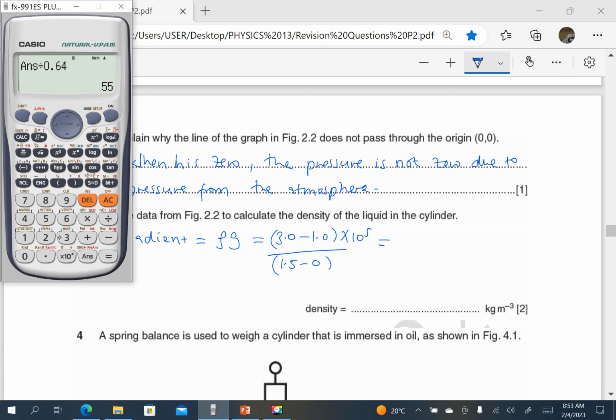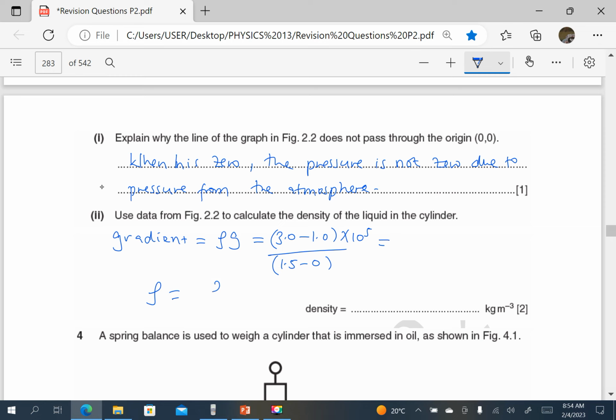Let's check the gradient. 3 minus 1, that is times 10 exponent 5. Divide by 1.5. So the gradient is that. Okay, let me just find the density by saying density is going to be 2 times 10 power 5 divided by 1.5 in the denominator times 9.81.